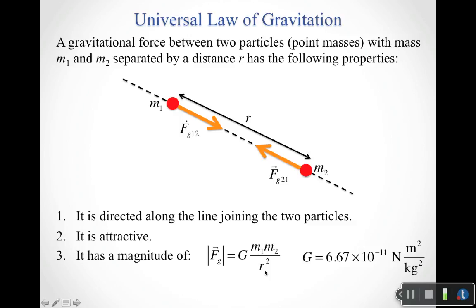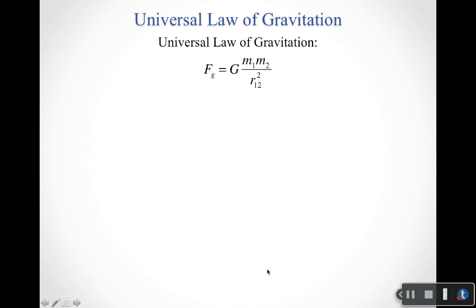You can think of this as a conversion that takes a product of masses divided by a distance squared and turns it into a force. Mass times mass gives you kilograms squared, which cancels out. Distance squared gives you meters squared, which cancels out, and you're left with newtons. So the gravitational force cares about the product of the masses, both masses involved in your gravitational attraction, and the distance that separates them.